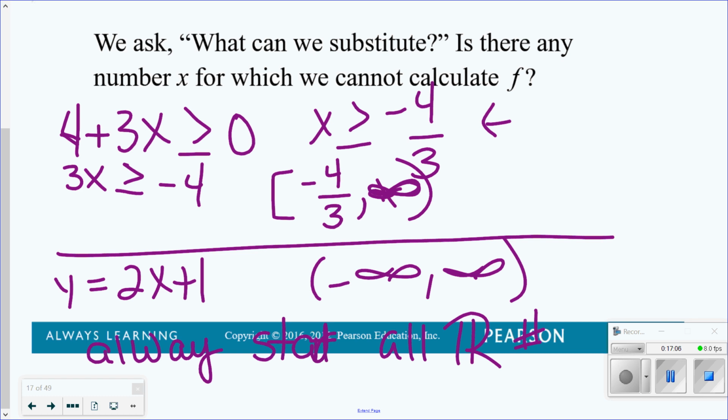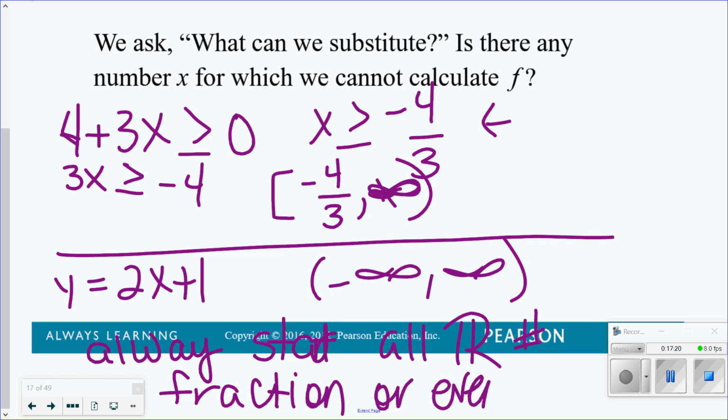And you better have a darn good reason if you tell me that you have a domain that is not all real numbers. I better see a fraction or an even radical. A linear function has a domain of all real numbers. Okay, these are the only two times you are going to have a domain that is not all real numbers, unless we artificially restrict the domain ourselves, but we'll get to that later.